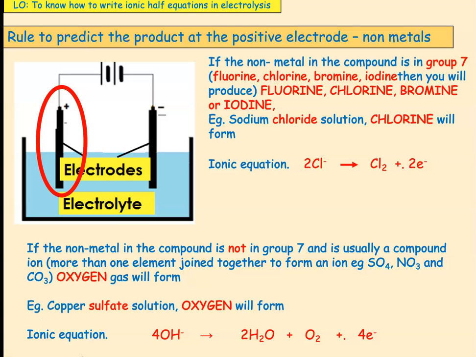So for instance, copper sulfate solution, oxygen will form. Now this takes some learning, I know. But this is the ionic equation for what happens to make oxygen: 4OH- makes 2 molecules of water plus O2 plus 4 electrons.